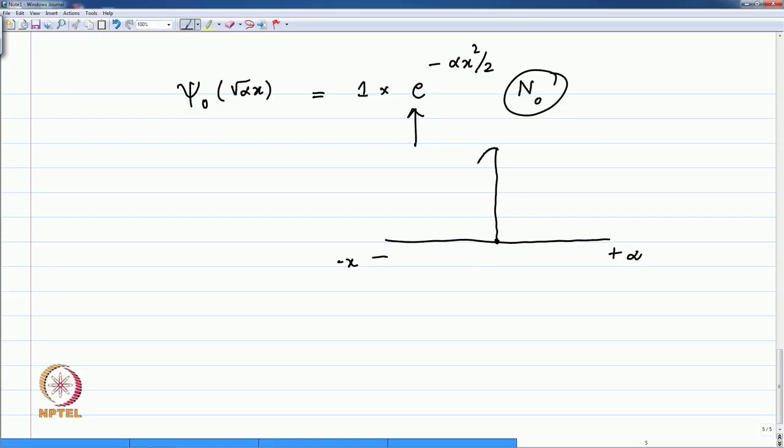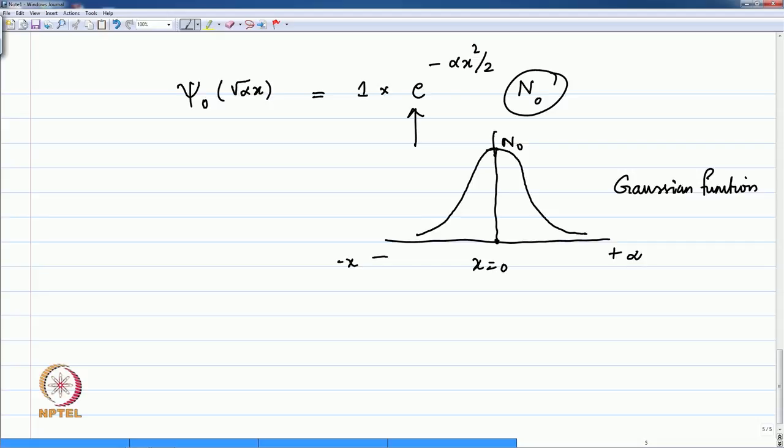If you do that, this is an even function, and this is the familiar bell shaped curve, the Gaussian function, centered at x equal to 0, and this height is obviously N0.